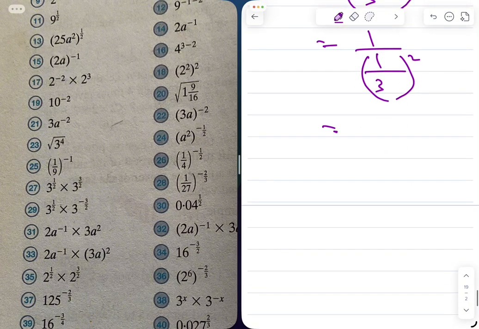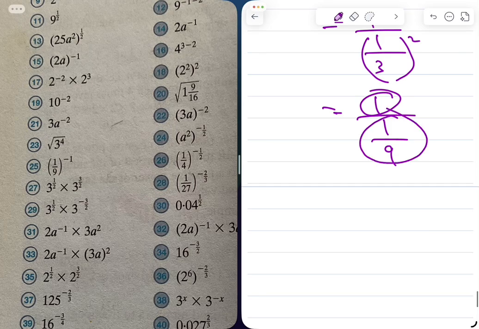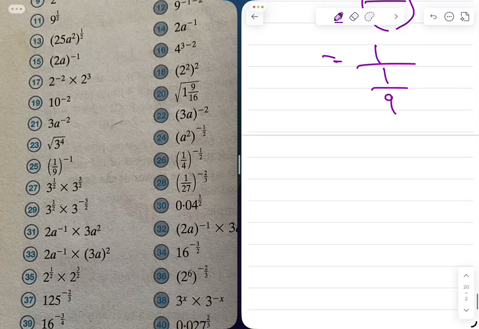Yes, and that simply means 1 divided by 1 over 9. 1 divided by 1 over 9 is the same as 1 times 9 over 1, which is 9.